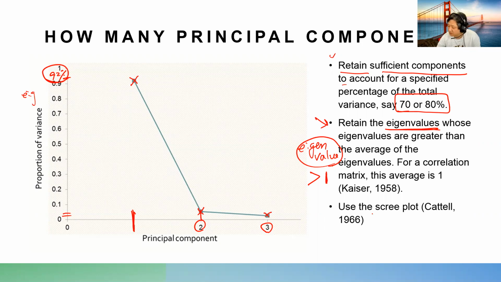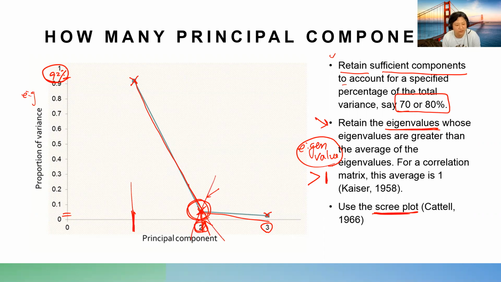The third approach is a scree plot. We just use a scree plot and find the elbow. This looks like an elbow, right? So find the elbow, and then we can select that elbow point. In this case, 1 and 2 components can be considered, but the second component has a very low proportion of variance, and also its eigenvalue is less than 1, so I would not choose it.